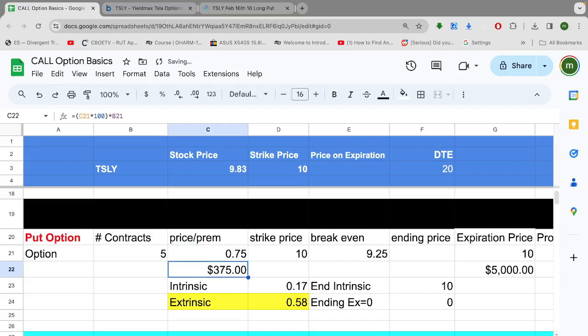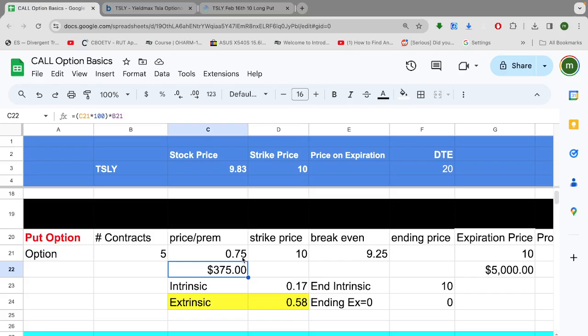Okay, so here we go. We're looking at buying 5 put contracts at the 10 strike price for 75 cents. That means our total cost is going to be $375. And if you think about that, each option is worth 75 cents, but options are priced in units of 100, so that actually equals $75.